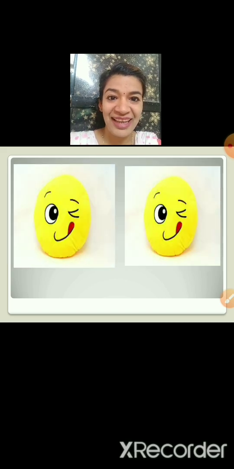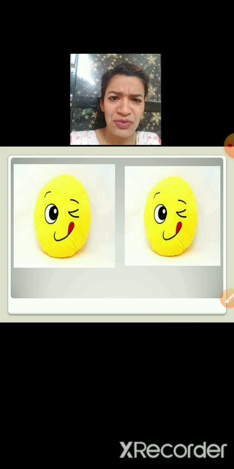Again, these two images: are they the same or different? Do you know what different means? It means they are not the same.